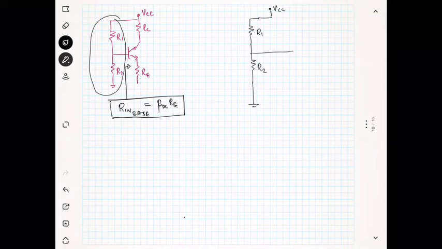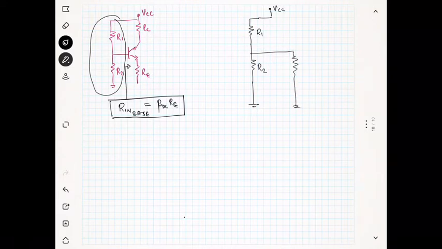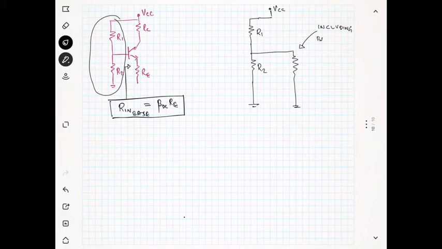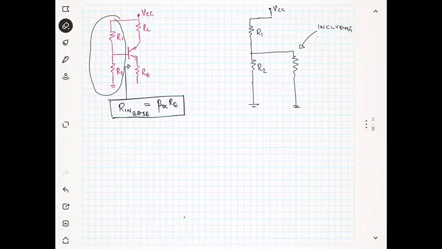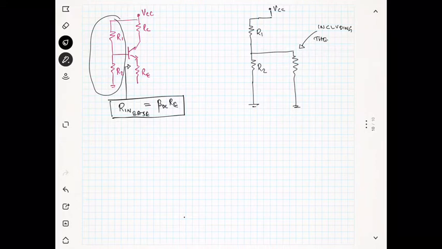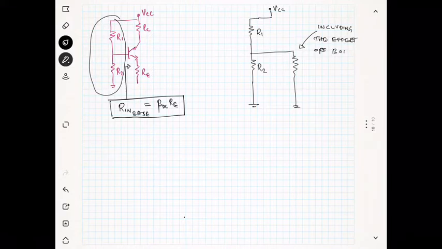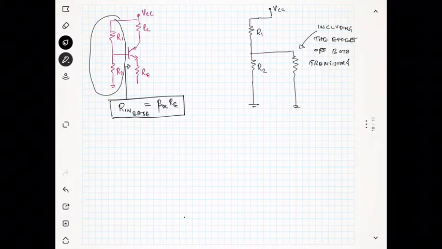Now the resistance, instead of this transistor I will use the resistance that you are seeing, so this is including the effect of both transistor and RE.